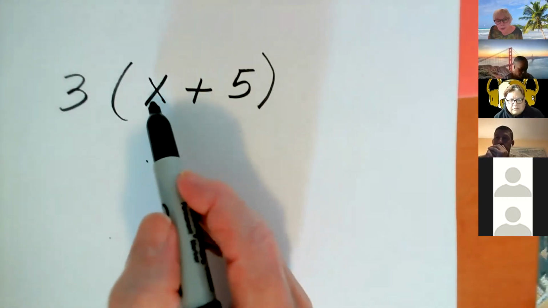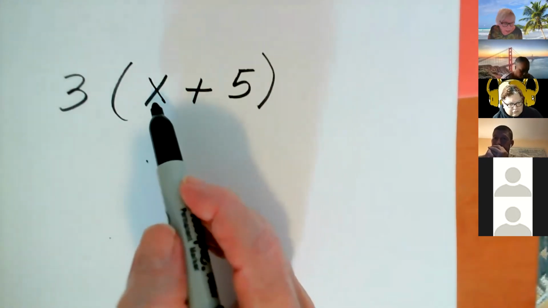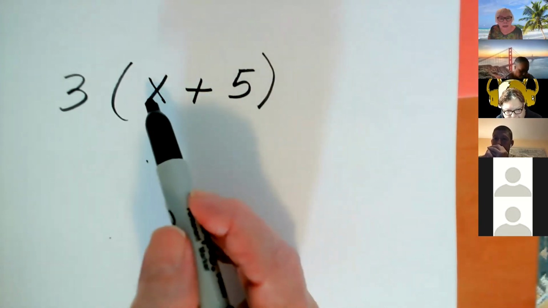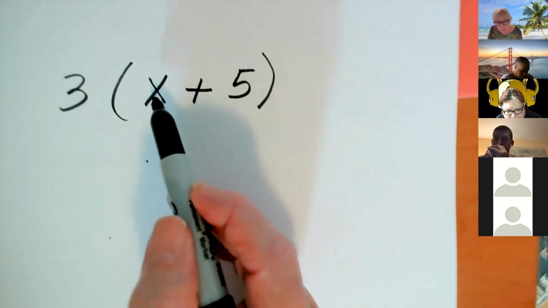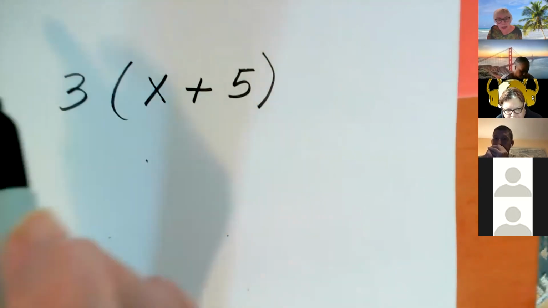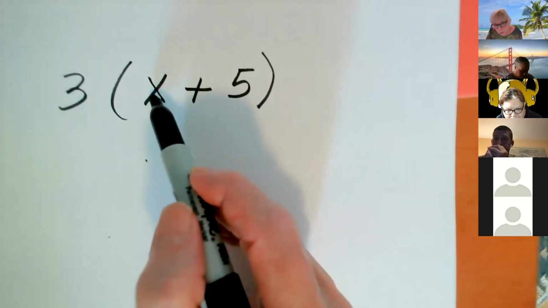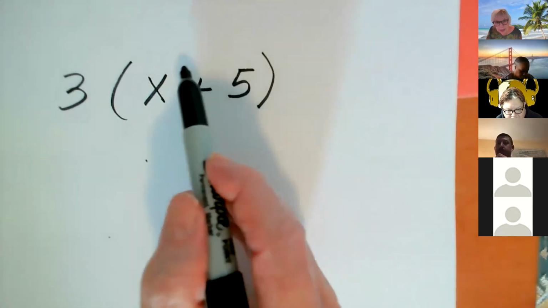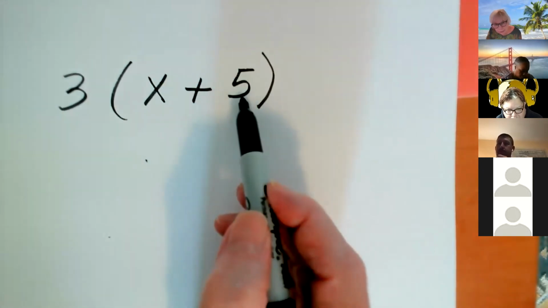Remember, this is a number that we haven't said what it is yet, and so maybe we'll never do it. But that's a number. Don't think of it as a letter, it's a number, really. I don't know what it is. And so I can't add it to 5 because I can't tell if they're like.